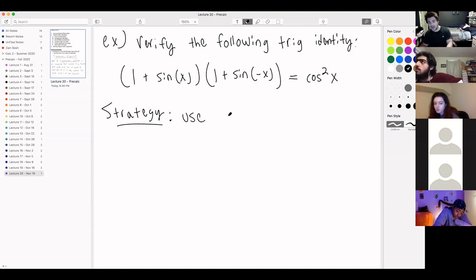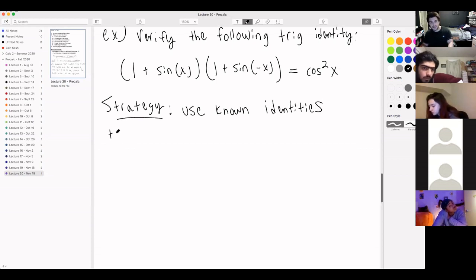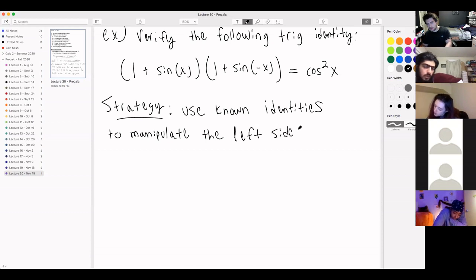You use known identities to manipulate the left side until it matches the right side.